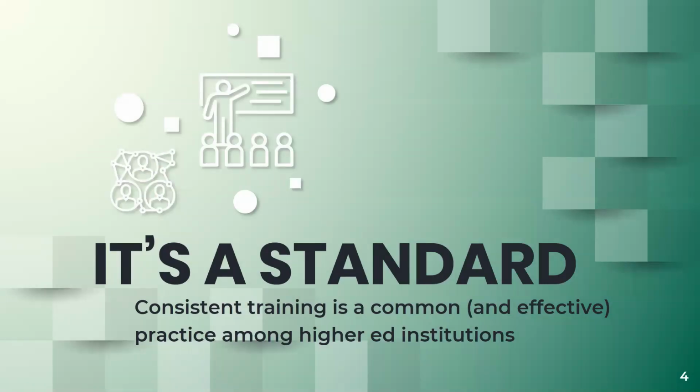It's a standard. Consistent training is common and effective practice among higher ed institutions. We looked at the issues and the inconsistencies within the organizations. We did some benchmarking and realized that most schools required trainings, and even multiple required trainings, for their officers and advisors.